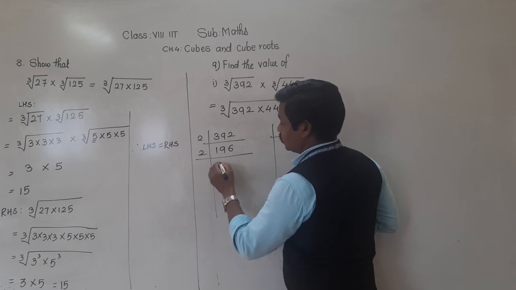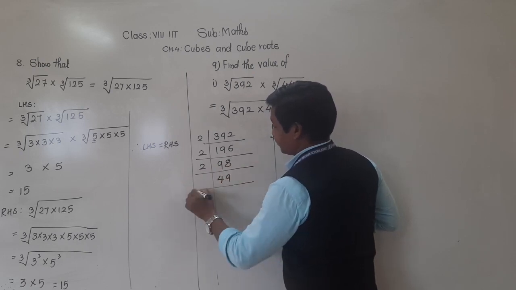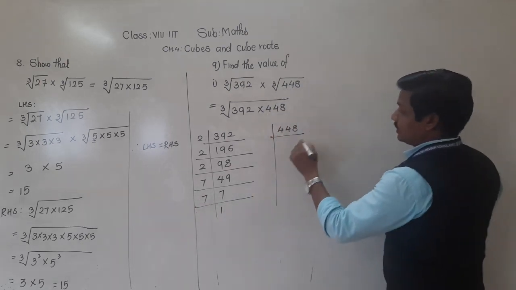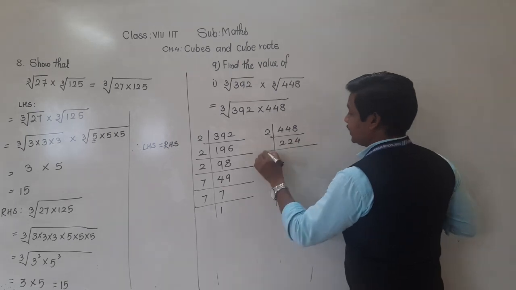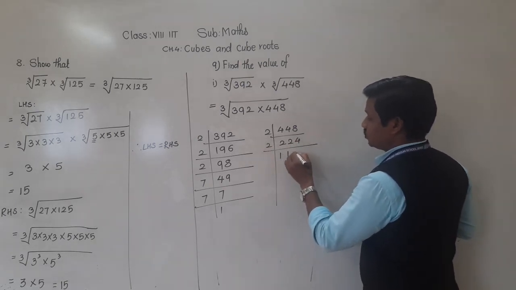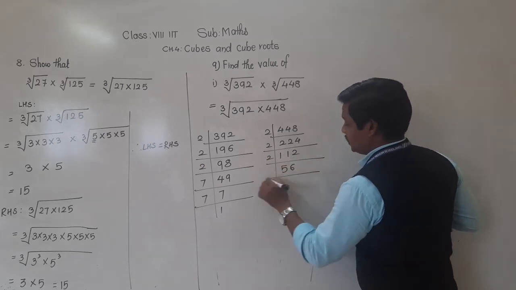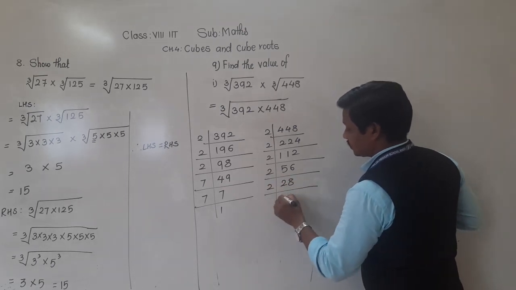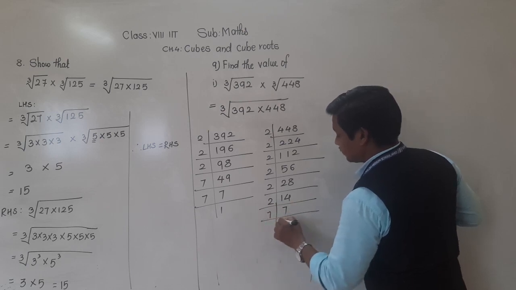Again 2 9s are 18, 2 8s are 16, 2 4s are 8, 2 9s are 18, 7 7s are 49, 7 1s are 7. And here 2 2s are 4, 2 2s are 4, 2 4s are 8, 2 1s are 2, 2 2s are 4, 2 5s are 10, 2 6s are 12, 2 8s are 16, 2 7s are 14 and 7 1s are 7.